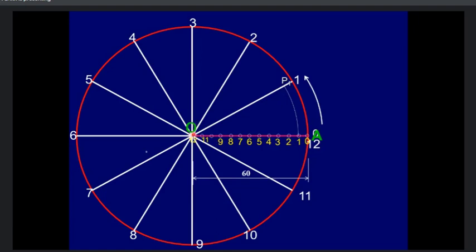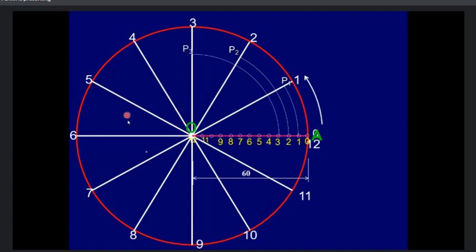Take center as O, radius equal to O2, and mark an arc like this. This is the P2 position, the next position. Now, as OA has shifted to O3, I will get the P3 position. Take center as O, radius equal to O3, and mark an arc on O3. This will give P3.